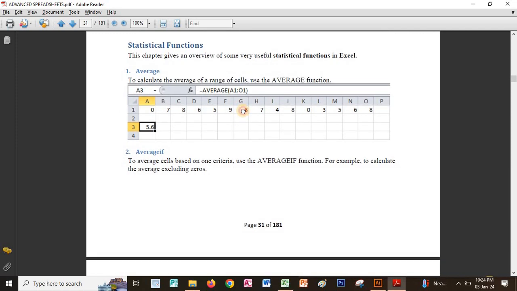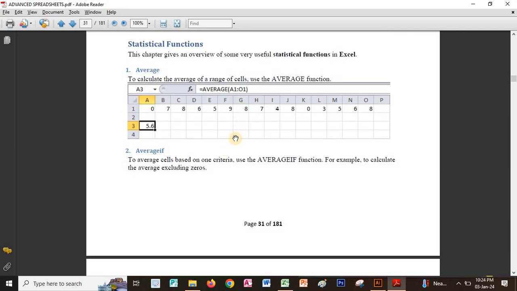So, the statistical functions. These are working with values. If you have been given a range of values, you can calculate the average or the mean.